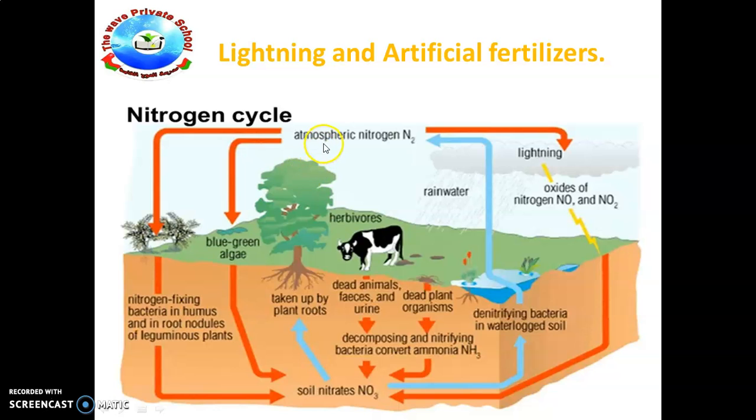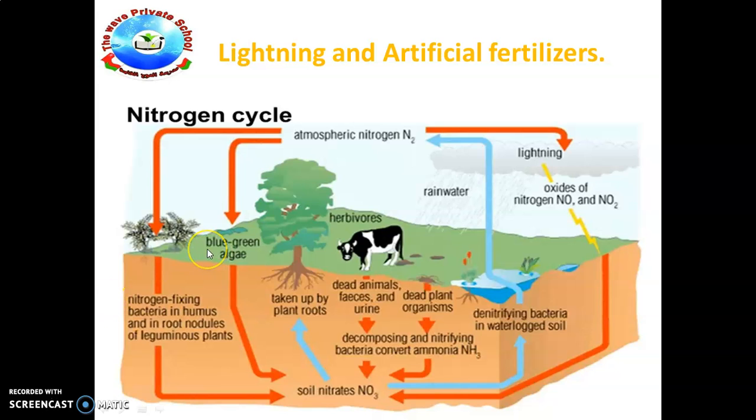And also you can see atmospheric nitrogen is taken by the blue-green algae. These are prokaryotic living things. So the cyanobacteria are a special group of prokaryotes, fixing carbon from carbon dioxide. Certain blue-green algae can also play a main role in nitrogen fixation.